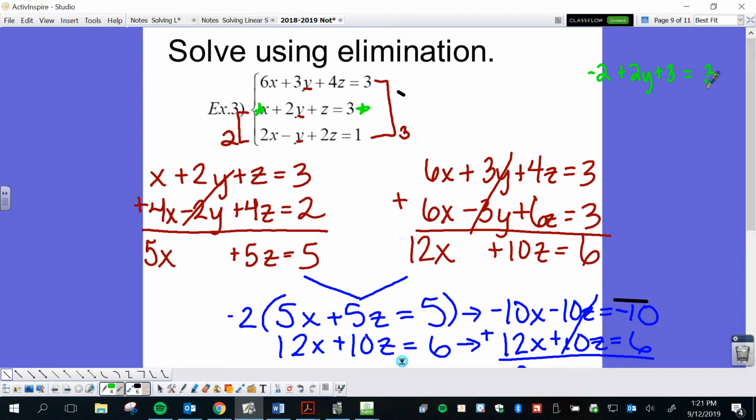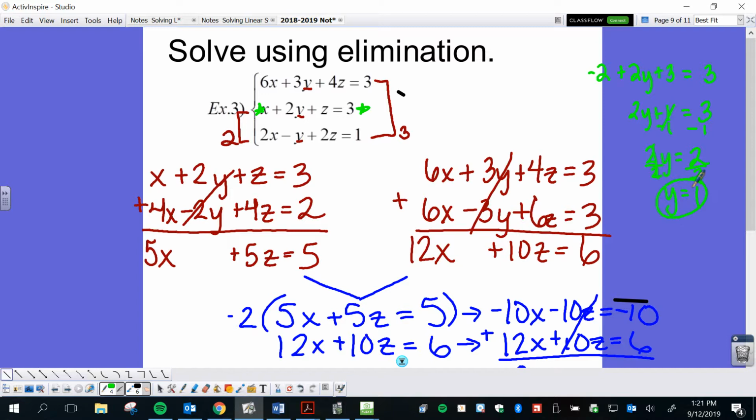So I'm just taking the second equation and I'm plugging in the x I found and the z I found. And simplifying. So on this side of the equation I have negative 2 and 3, which makes 1. So I have 2y plus 1 equals 3. Subtract 1. 2y equals 2. Divide by 2. So y equals what? 1.